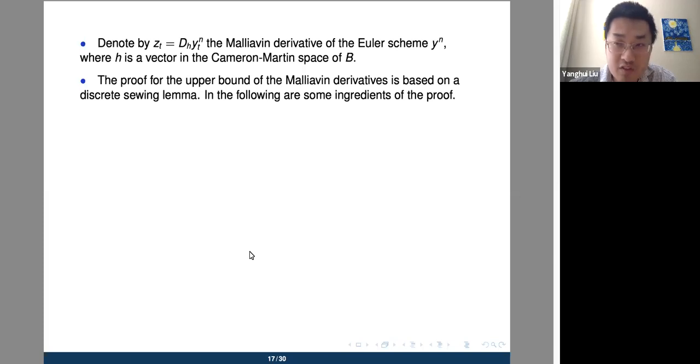So once we have set up the driving processes for the discrete equation and also the control function, we are ready to apply the discrete lemma. And in the following, I will mention some ingredients of the proof.